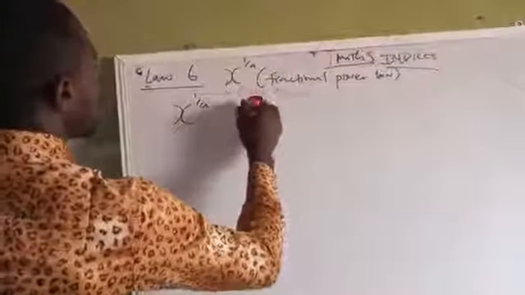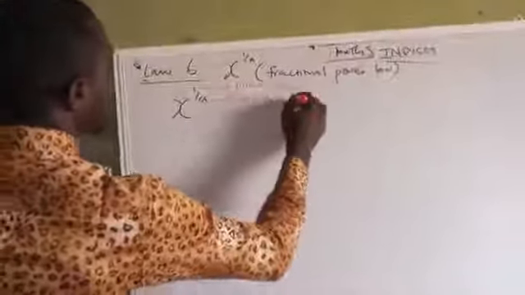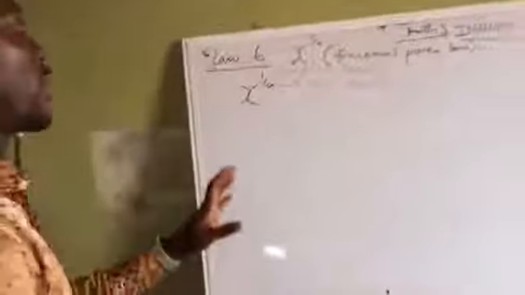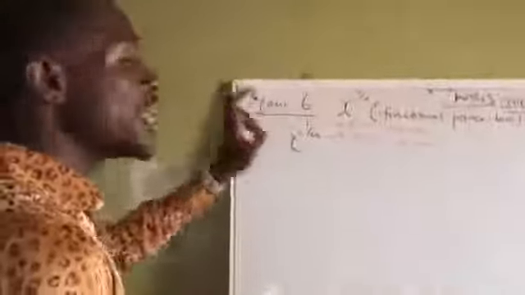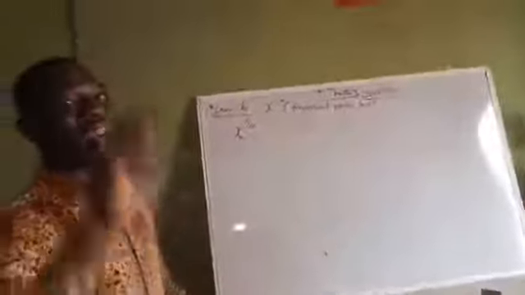And what? The power what? Denominator. Now whenever you have things like this, this law is telling us that it is only the power of the denominator that will come and stand as a root, coefficient of a root.